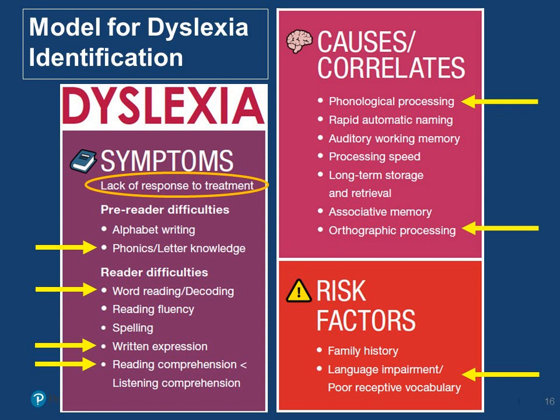So we're looking at letters and phonics and letter knowledge, word reading and decoding, written expression, an idea of whether or not reading comprehension and its relationship to listening comprehension is lower, some phonological processing components, orthographic processing, language impairment or poor receptive vocabulary. And this is all, if you're applying it at the Tier 2 level, in relationship to a lack of response to treatment. So we're already getting an indication that there's a lack of response to treatment.